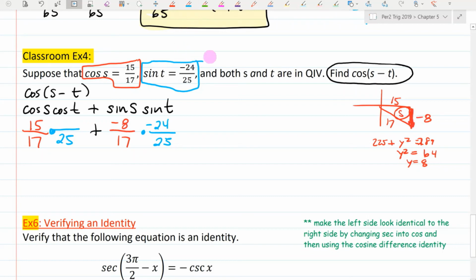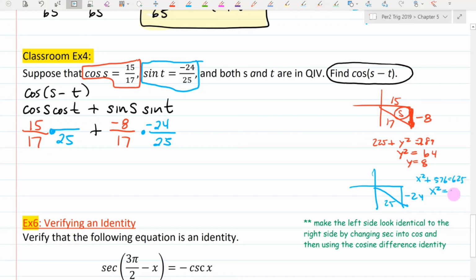And then for T, it's also in quadrant 4. And it's negative 24 over 25. So x squared plus 576 equals 625.